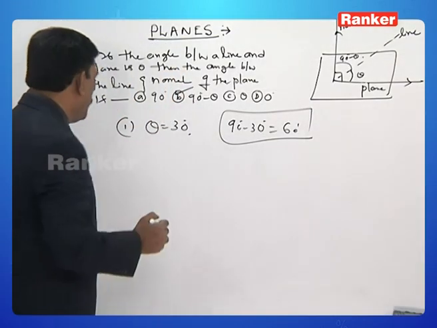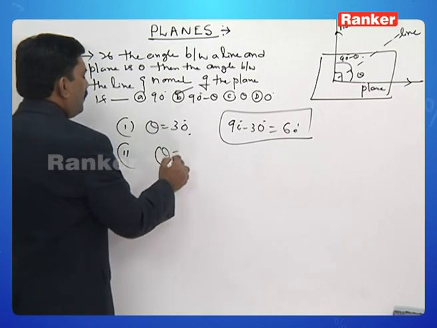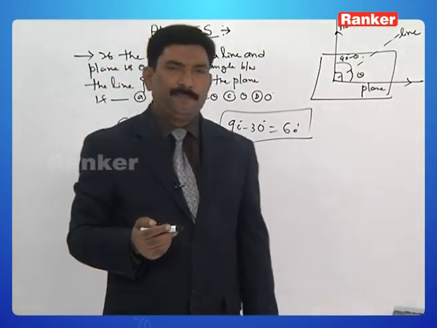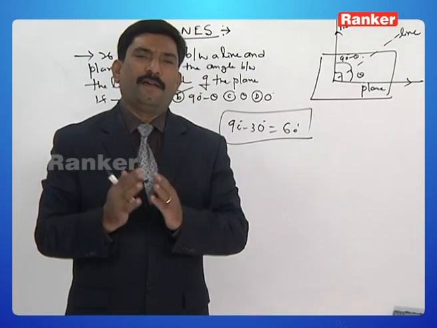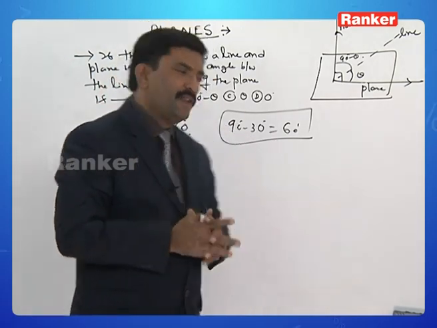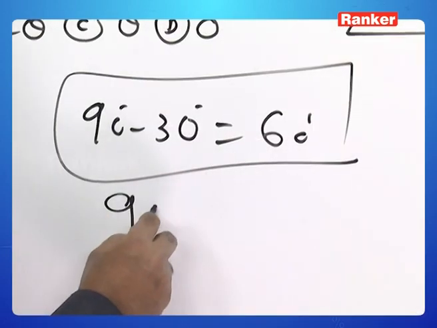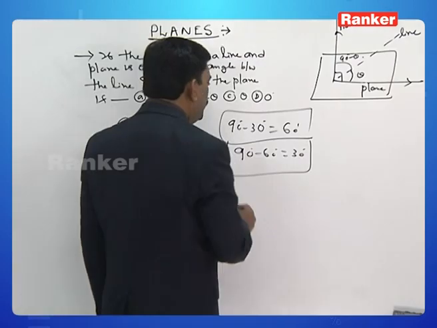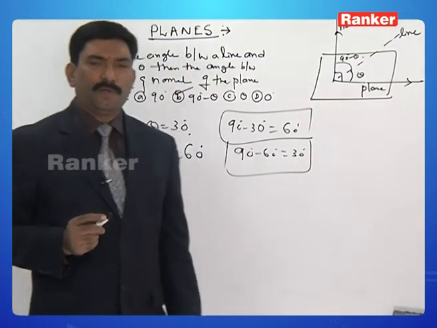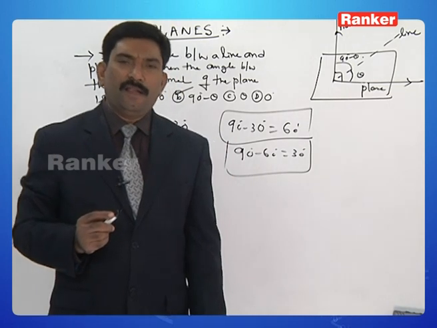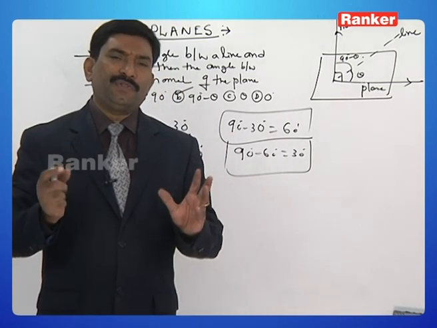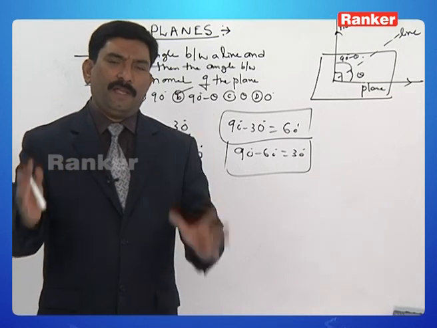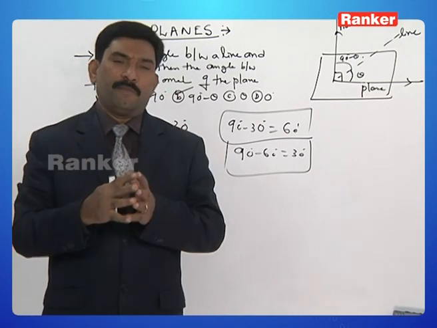If I take the angle between a line and a plane as 60 degrees, then the angle between the line and the normal is 90 minus 60, which is 30 degrees. These are the conceptual questions that we can analyze with the definitions of angle between two planes, angle between a line and a plane, and angle between a line and a normal.